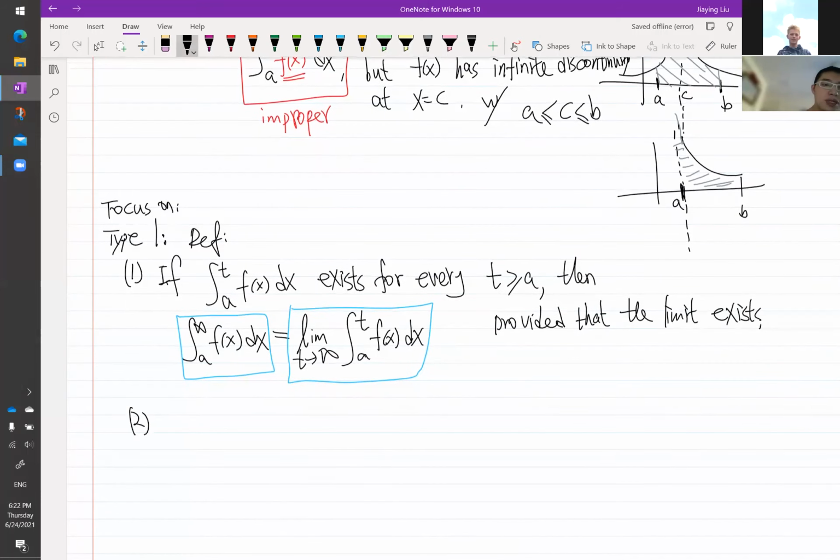The second definition is basically the same. It's just for negative infinity.